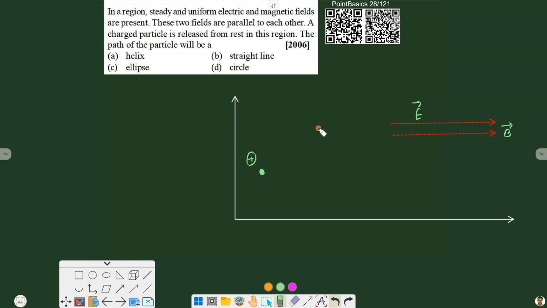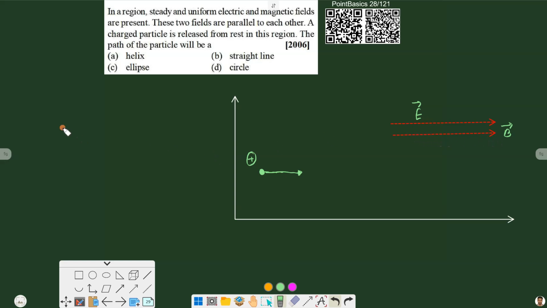Now what will happen? As the electric field is acting in the x direction, there will be a force acting parallel to the direction of the electric field on the charged particle. So the charged particle will start moving in the x direction. Now the charged particle has some velocity in the x direction, and the magnetic field is also in the x direction.